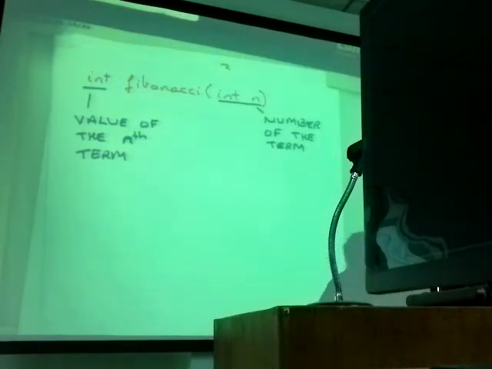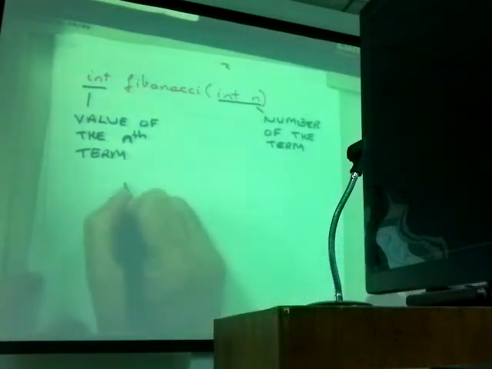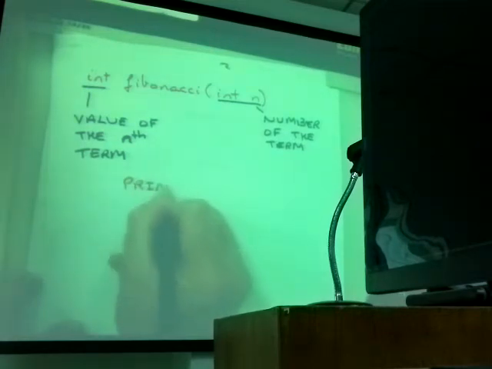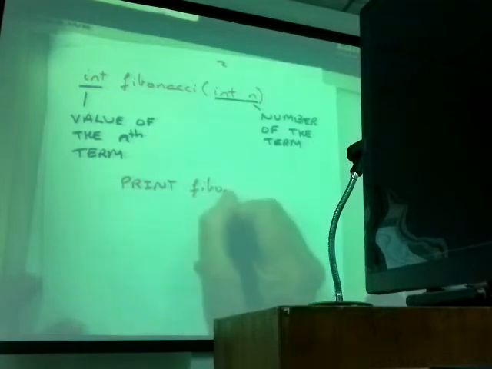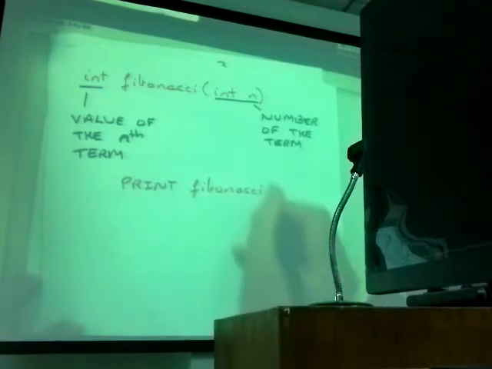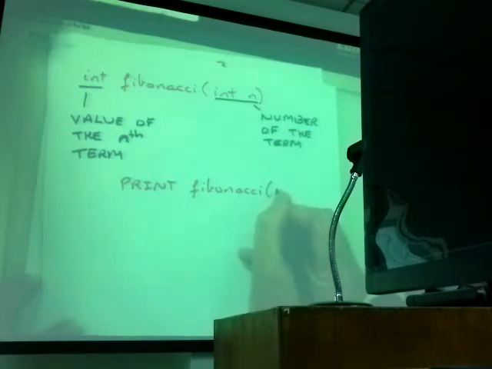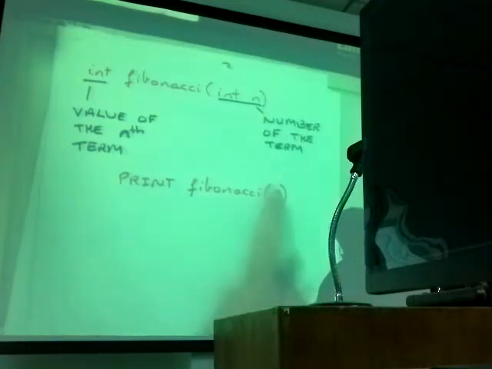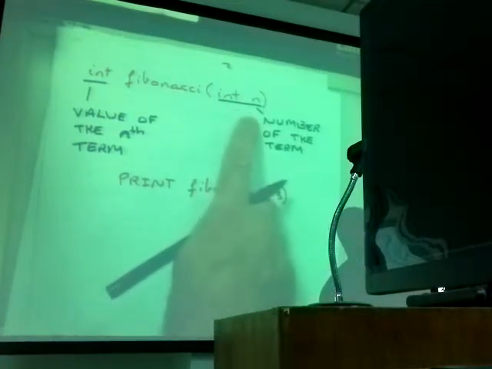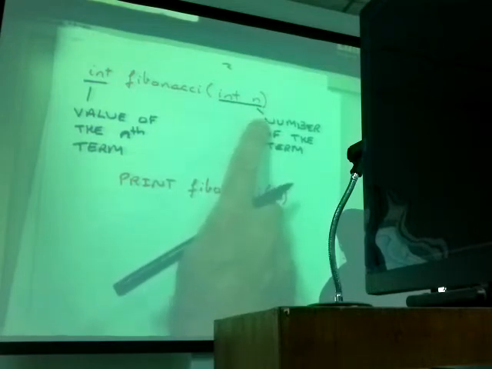So, for example, if I were to say print Fibonacci 3, what would happen? 3 would be the value of the argument. That's n in this case.